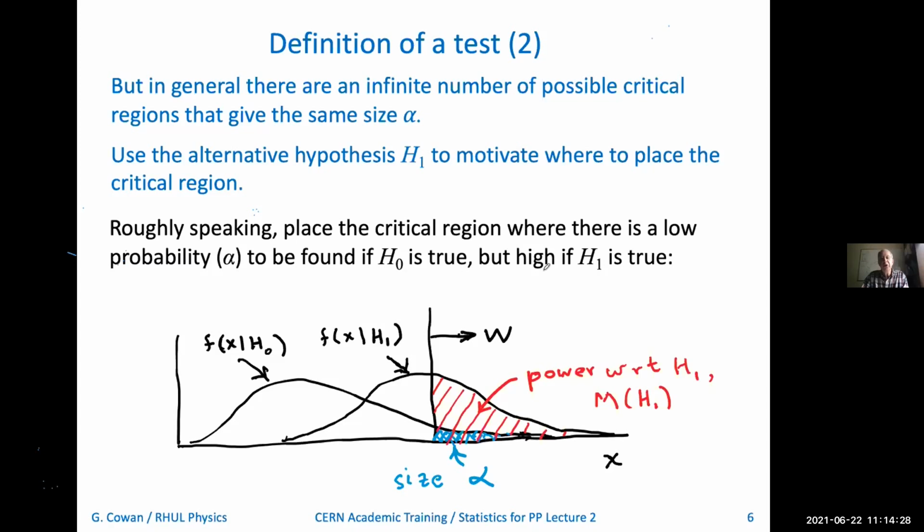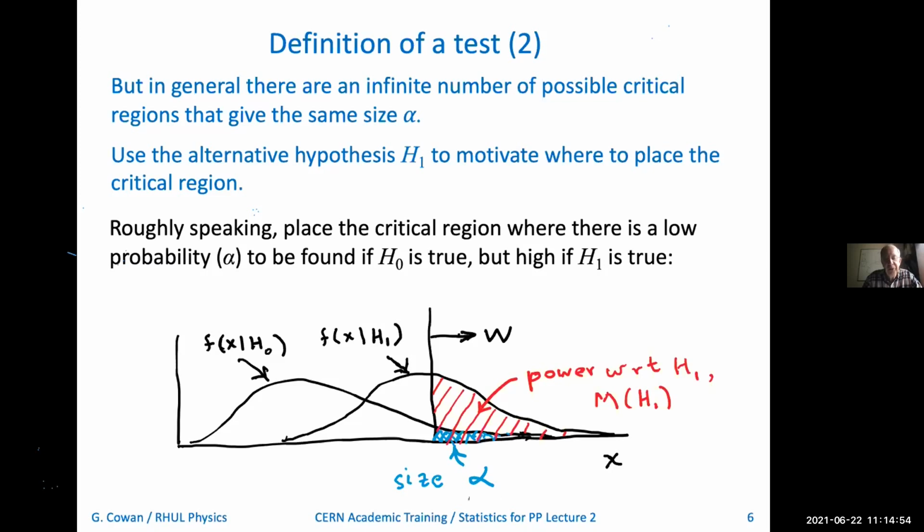But you want as large a probability as possible to find the data there if this relevant alternative, H1, is true. Here, let's suppose that X is a single quantity so that I can sketch it. Let's suppose that the PDF for X under the assumption of H0 is this curve on the left, and the curve on the right is f of X given H1.